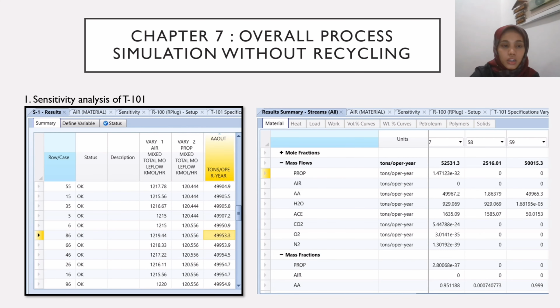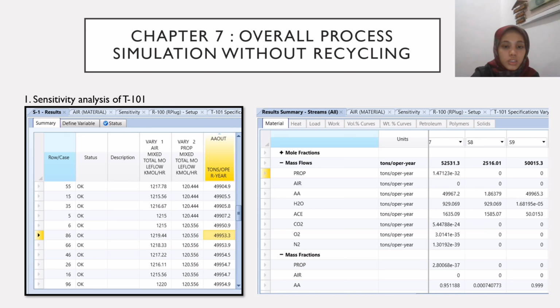Okay, according to the sensitivity analysis of T101 result, we selected the air inlet flow rate as 1219 kmol per hour and propylene inlet flow rate as 120.6 kmol per hour in order to achieve 99.98% of acrylic acid in product stream 9.